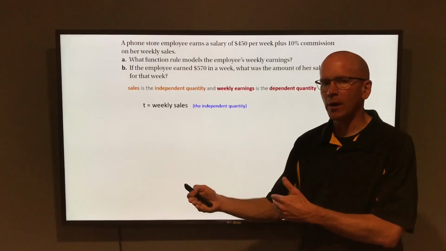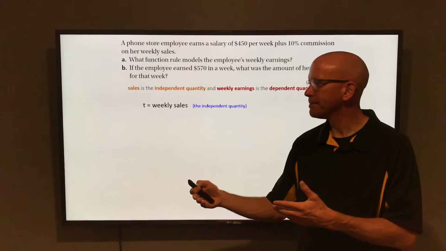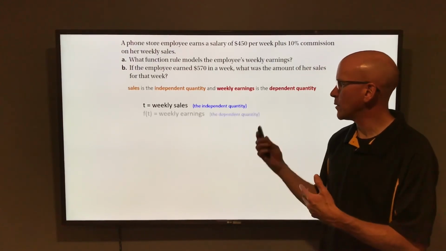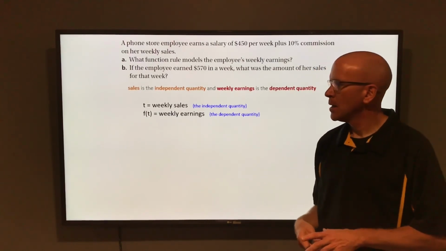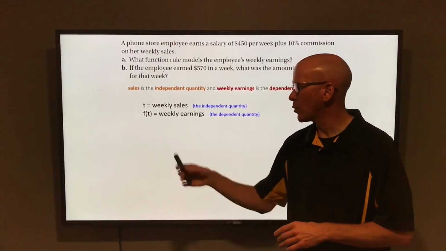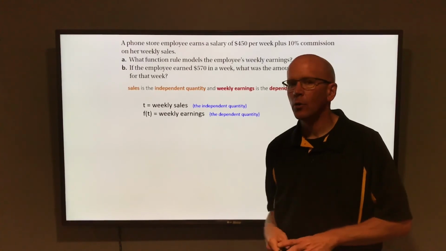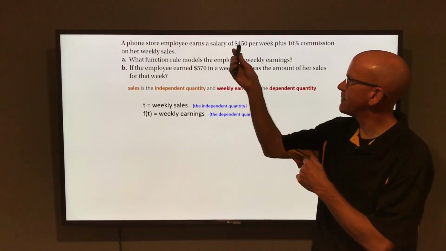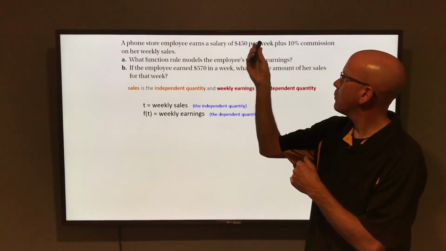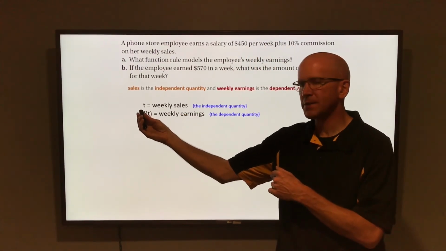That's the independent quantity. Nobody knows what that's going to be. But the dependent quantity, the weekly earnings, since that's T, I'm going to say that's F of T. So F of T will be the weekly earnings. Her weekly earnings depend on her weekly sales. Now, as a function rule here, remember, she's getting $450 plus 10% commission on the sales.